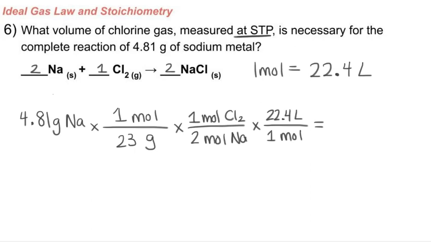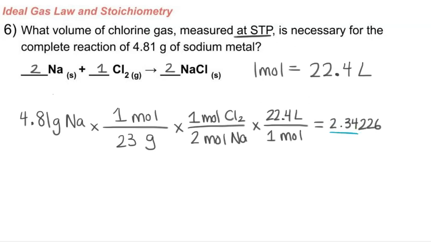4.81 divided by 23 divided by 2 times 22.4 gives me 2.34226. But of course I do need to round that to just 3 significant figures, just like I had in my problem. So let's take a look at that. 1, 2, 3 digits I get to keep.